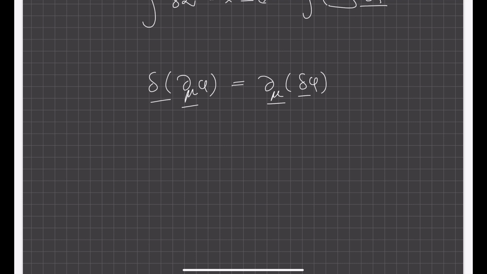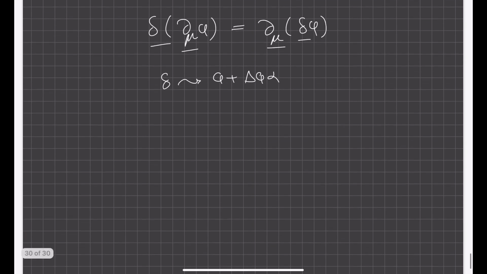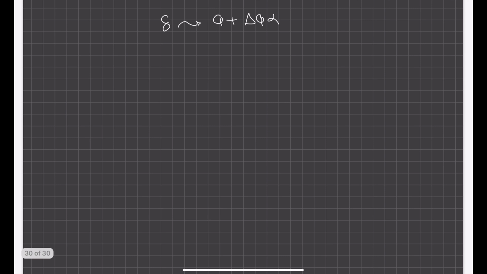Here, because both operations are linear and real-valued, or complex-valued, they can commute. Delta can be seen as some value of the field added to an infinitesimal parameter, so it is linear, and I can commute them. Okay, so now go back to delta S.